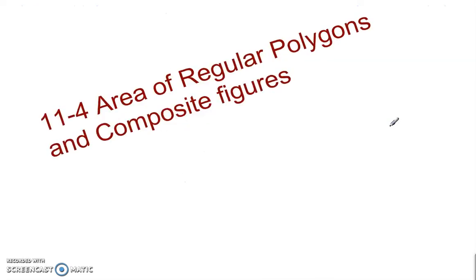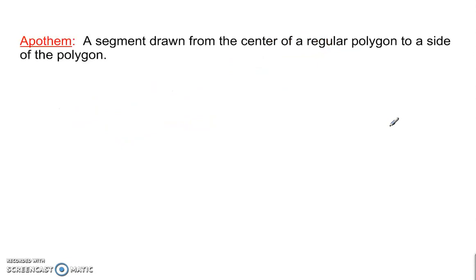Alright, 11.4. Area of regular polygons and composite figures. First, a few terms here. An apothem is a perpendicular segment drawn from the center of a regular polygon to a side of the polygon.